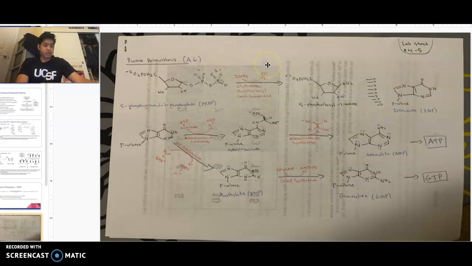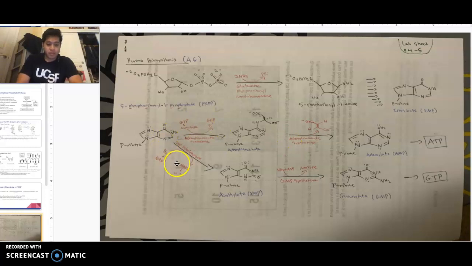But basically, what you have here is PRPP reacts with the glutamine phosphoribosyl aminotransferase enzyme that forms your 5-phosphoribosyl 1-amine. Then it undergoes a lot of different reactions, and it will eventually form inosinate, or IMP. This molecule IMP is very important because it allows you to form either adenylate or guanylate, which will eventually form ATP and GTP using the following steps here.